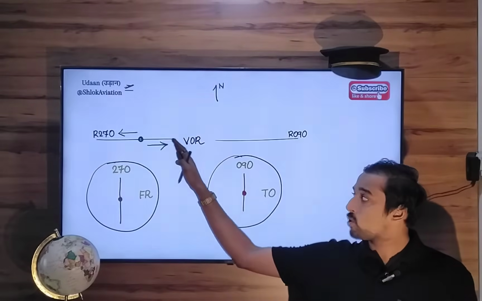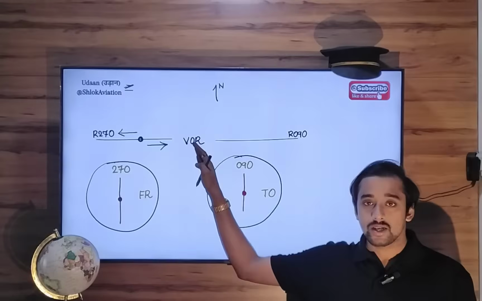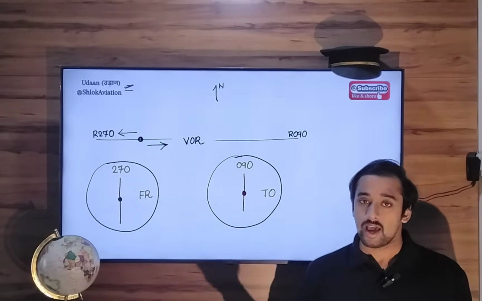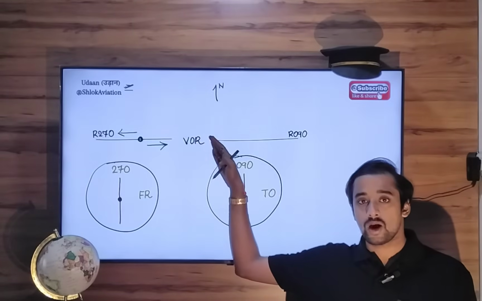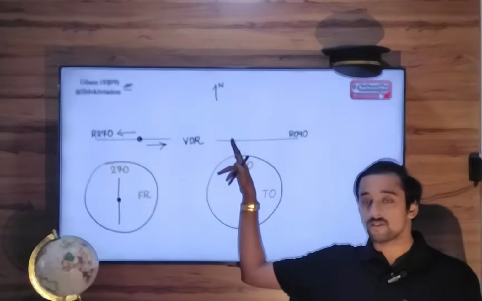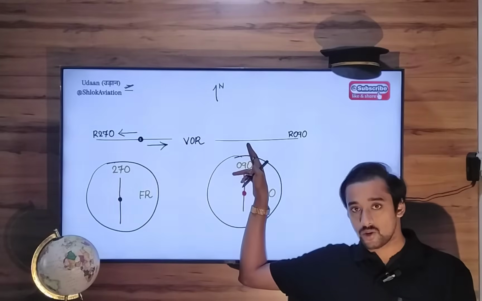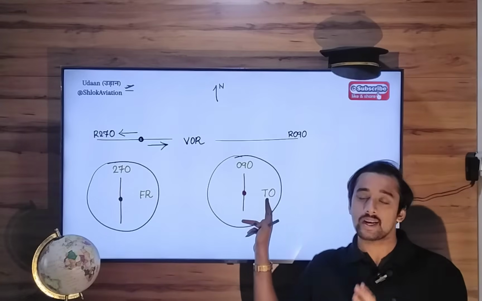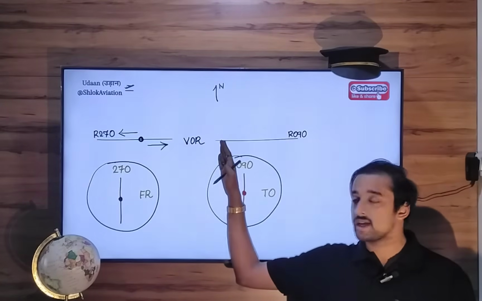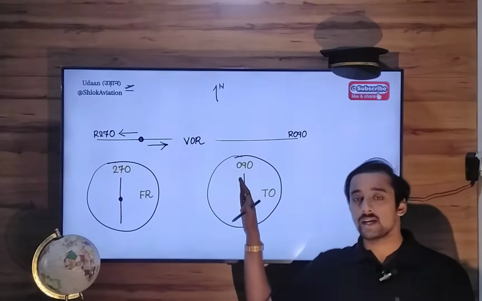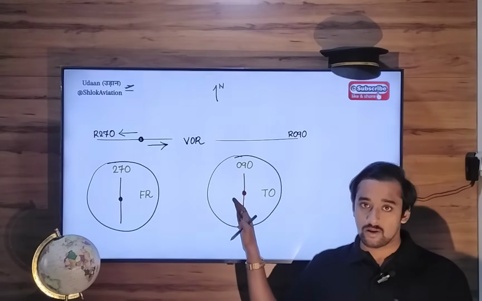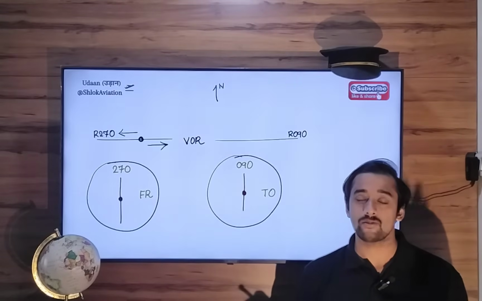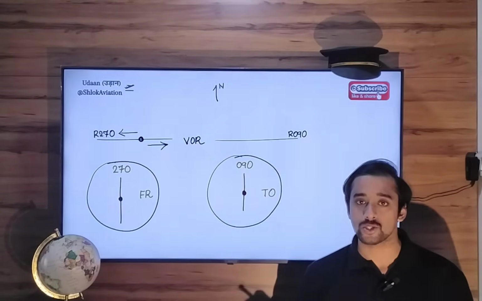Now when your aircraft overflies this VOR, the TO and FROM indication and the CDI needle will start flickering, and when it passes the VOR station and goes on the other side on radial 090, this TO indication will become a FROM indication, and if you are correctly established on the center line of this radial going outbound, the CDI needle will also remain in the center. So this is the correct procedure, the normal procedure. We call it normal sensing.